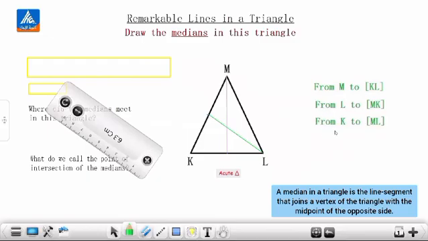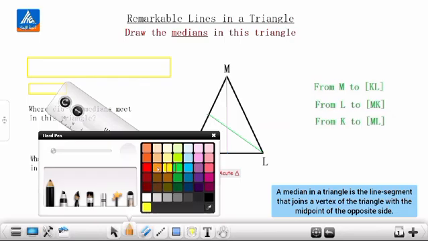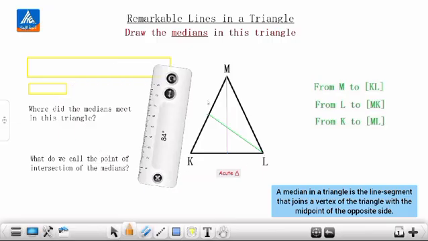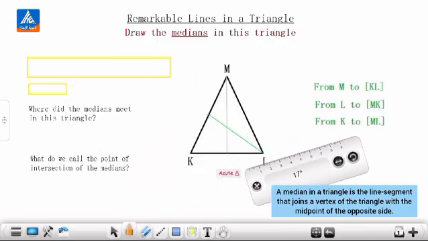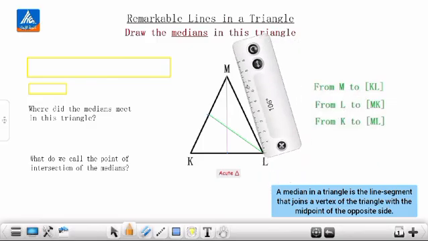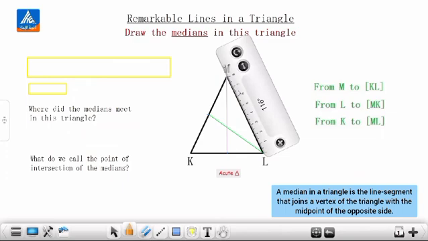The third median from vertex K to the opposite side ML. Yes, we should find the measure of ML. ML equals 8 centimeters. It is an isosceles triangle. Okay, what is the half of 8?